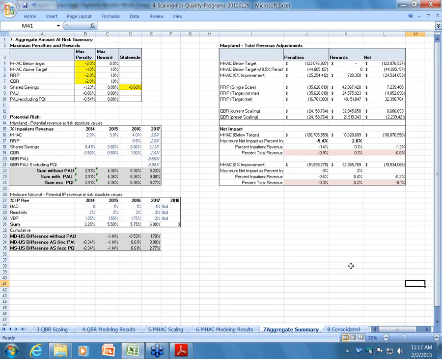Second, what I'm not clear on is why for 2017 the end result is substantially higher. Forget the cumulative number for the moment, just looking at the one year, a 2.7% higher amount at risk, when we also know, as I just said, that the inpatient revenue being put at risk is greater than what they're doing nationally.